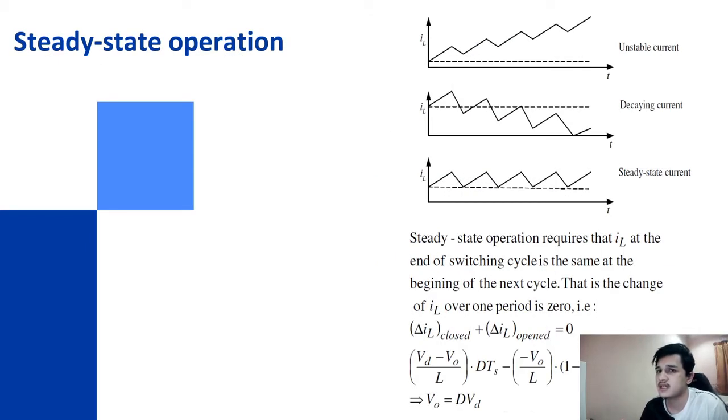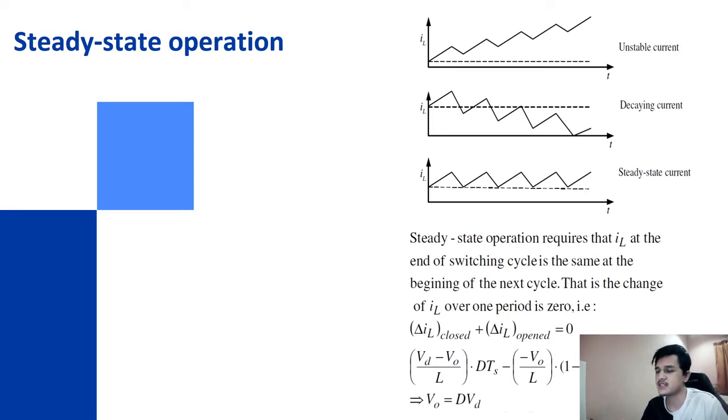And then steady state operation. As we can see, the graph for IL for unstable current is increasing, the graph for decaying current is decreasing, and for steady state current we can see the graph is steady.